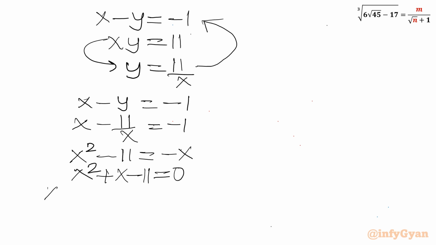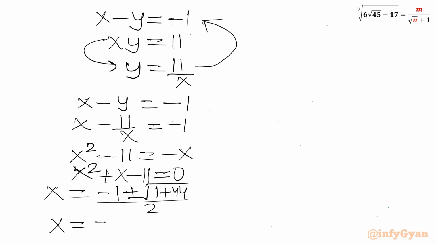So I will apply the quadratic formula: minus b plus minus under the root b square minus 4ac over 2a. Minus 1 plus minus under the root 1 plus 44 over 2. Or I can write x is equal to minus 1 plus minus square root 45 over 2.